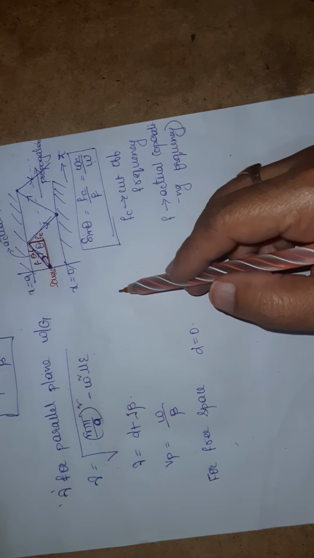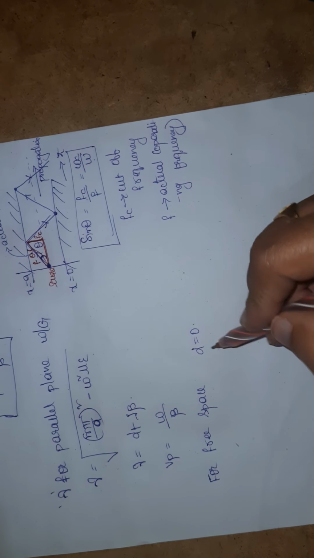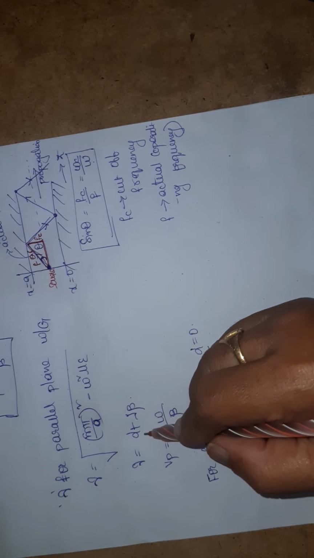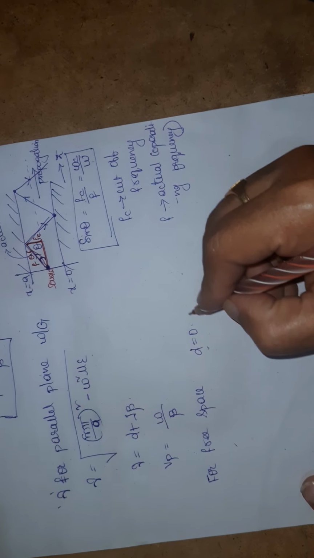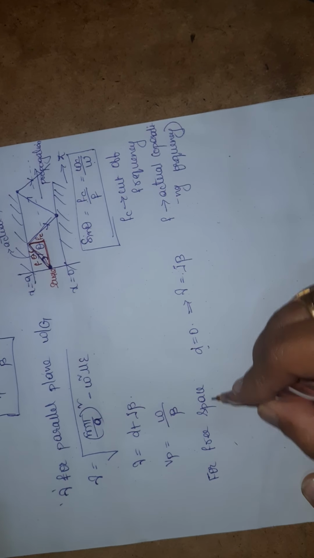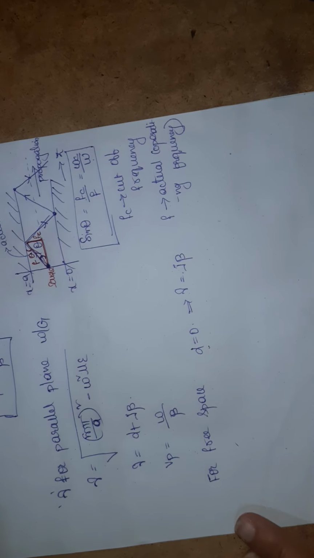If the signal is in a free space, there is no attenuation. If there is no attenuation, attenuation constant alpha will be 0. So if alpha is 0, gamma is equal to j beta. Okay, in free space attenuation is equal to 0.